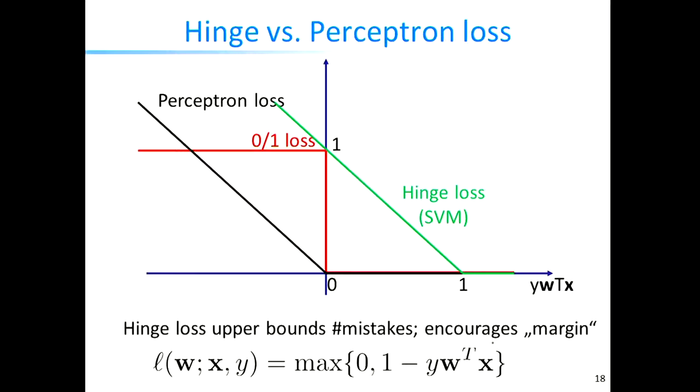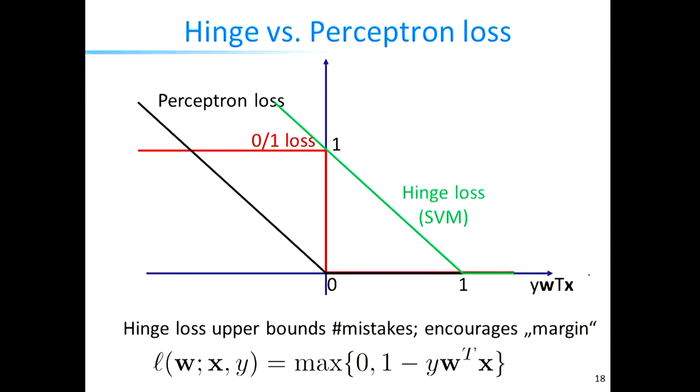Now, there's another nice interpretation of this. Except for encouraging some distance of the data points from the decision boundary, that's what's captured here. This is also an actual upper bound on the 0-1 loss, right? So this green loss is an upper bound on this red 0-1 loss function.